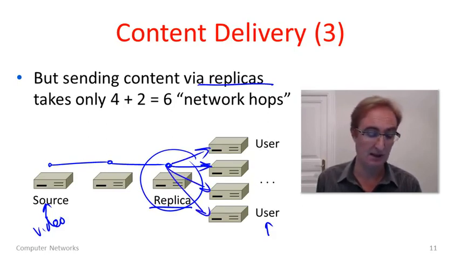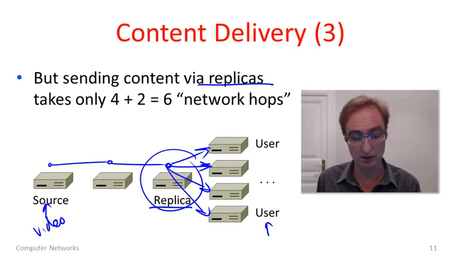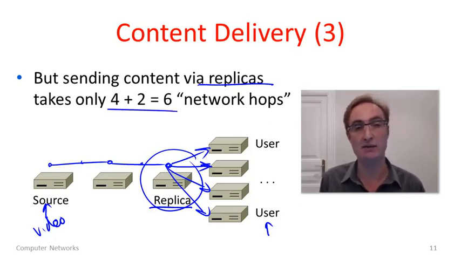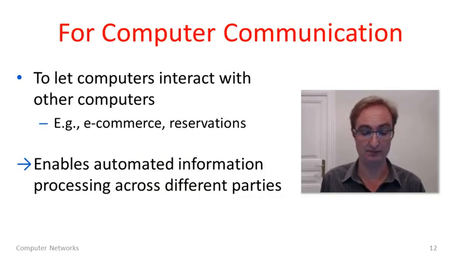And guess what? Now we're going to take 1, 2, 3, 4 hops to the individual users, plus 2 hops here and here. That's a total of 6 network hops. So we've done half the work by arranging the design of our content distribution, and yet we've still got the same video to all of the users. So with clever designs, we can provide more efficient content distribution in networks.